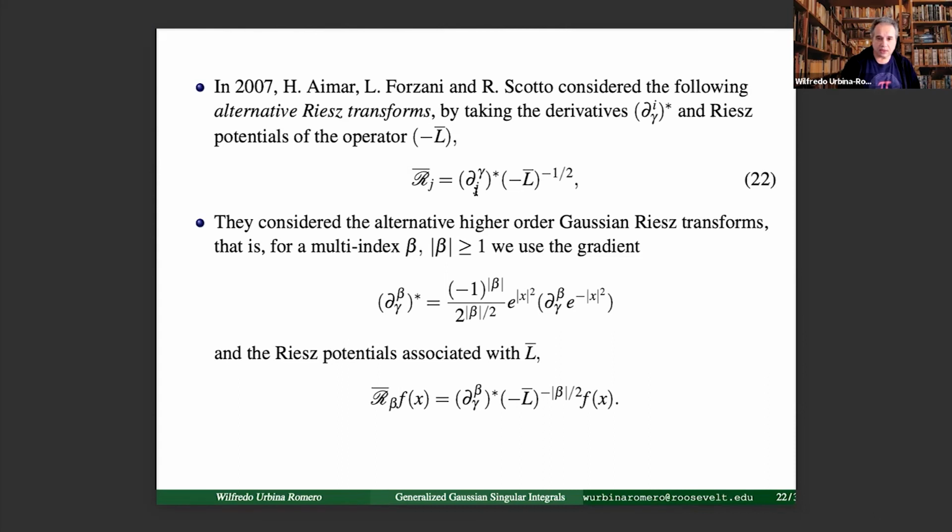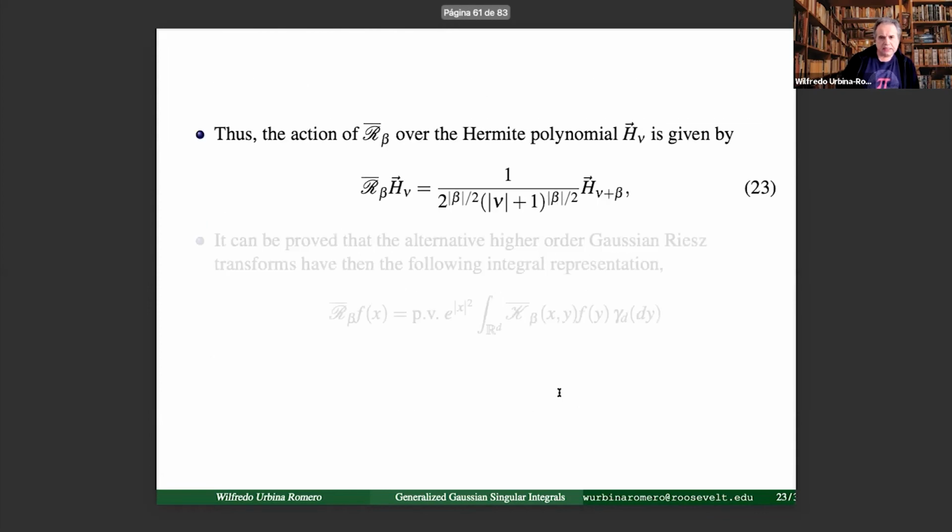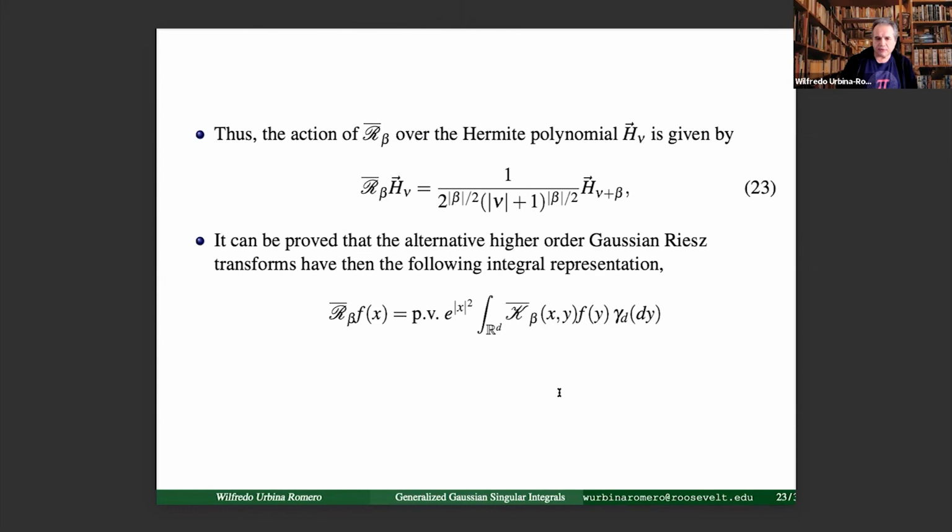And then, of course, you can go for the same idea to any order, taking the adjoint of the beta derivative and taking the Riesz potential of the corresponding order, modulus of beta divided by 2. And this is the action, and there is a kernel for that.